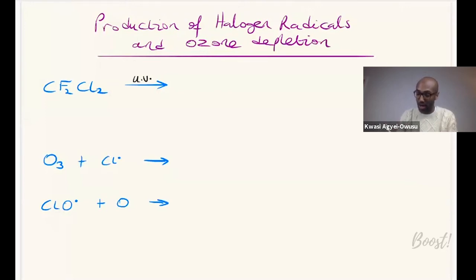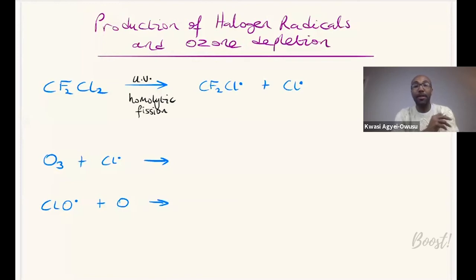And if you did this, so this bond breaking process here is homolytic, of course. We've got a homolytic fission of the carbon-chlorine bond, and that can leave you with a CF2Cl radical and another chlorine radical there.